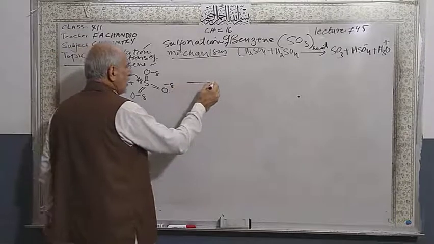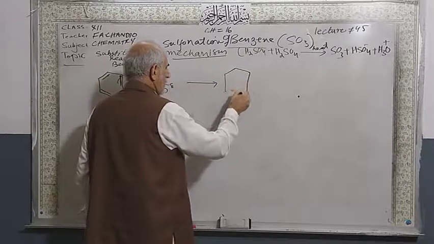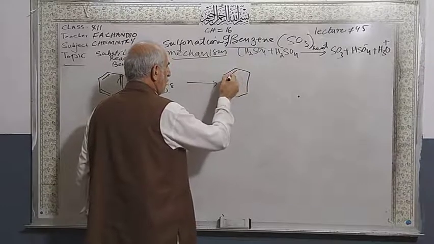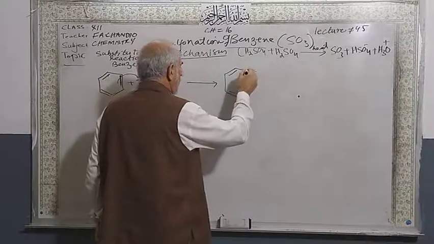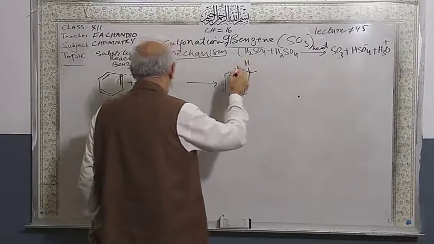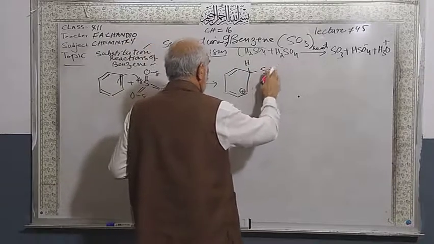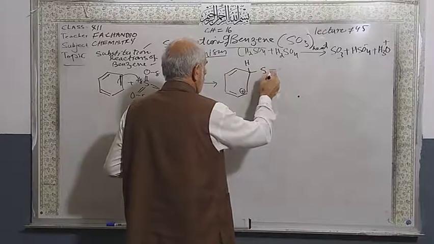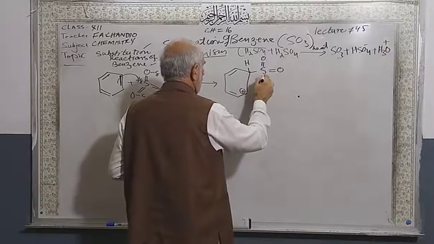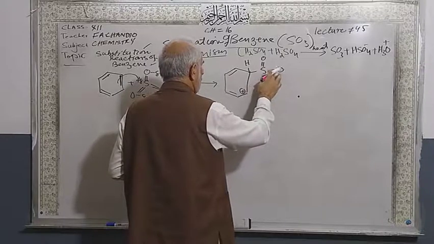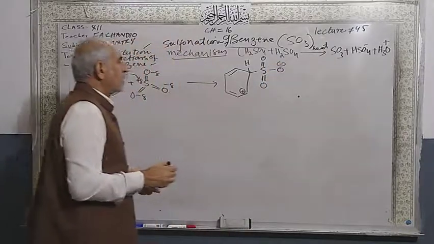So dear students, to form the intermediate product, there is a positive charge created and hydrogen is here, and this is the SO3, like this one.